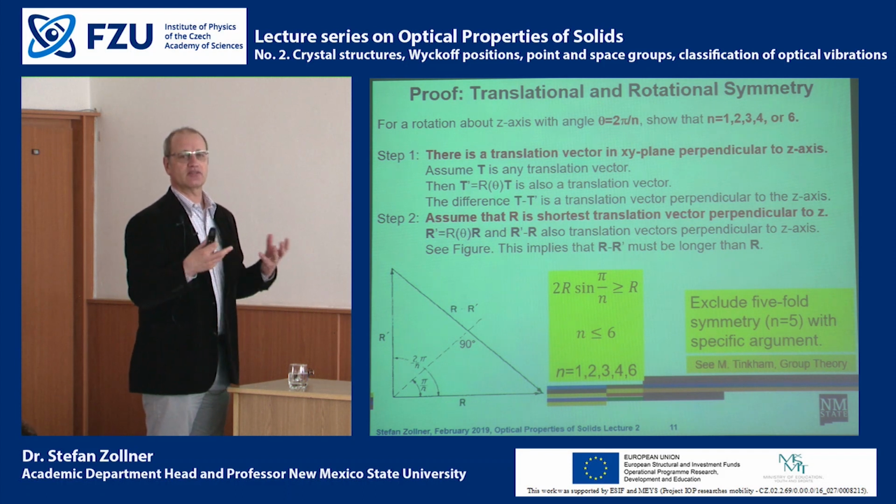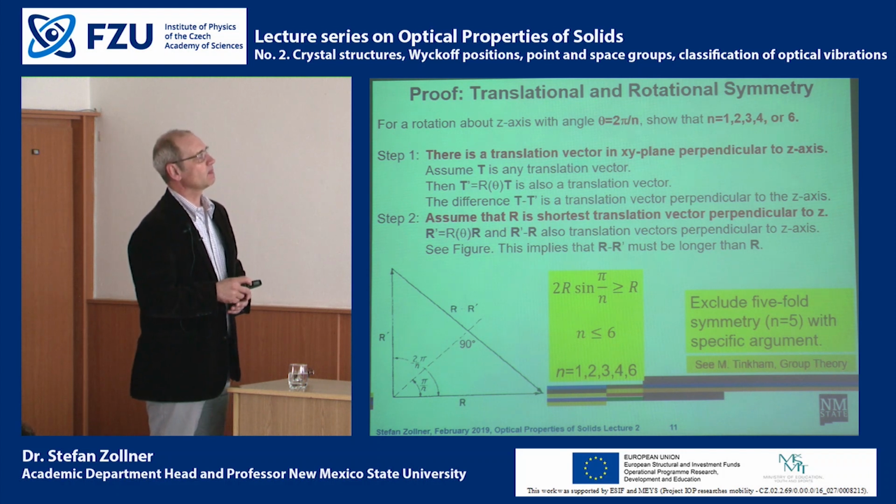Since there are many, but a finite number, we can pick the shortest one. Then we rotate it by one of the allowed rotational angles, and we get this vector R prime.